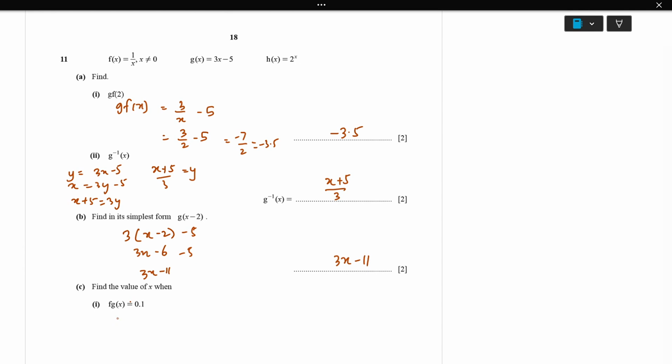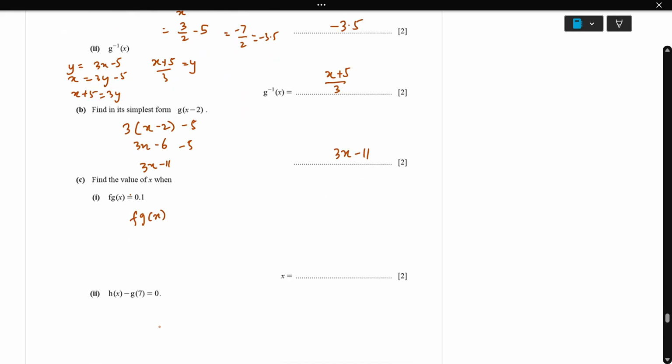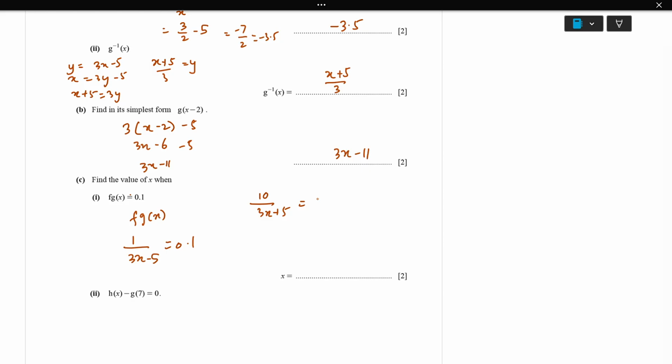The next is f of g of x equals 0.1. So let's do f of g of x. So g in f means 1 by 3x minus 5. 1 by 3x minus 5 equals 0.1. So I multiply by 10 on both sides. What I'll get? 10 by 3x plus 5 equals 1. So 10 equals, I'll multiply the right side by 3x plus 5.